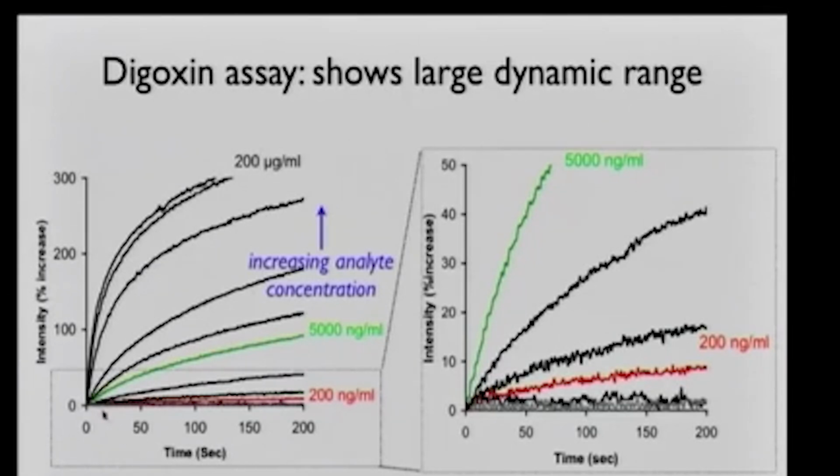Okay, so you can see that when the analyte, the anti-digoxin, is 200 micrograms per mil, you get the uppermost curve. As you decrease the analyte concentration, you get the lower and lower curves until down to 200 nanograms per mil. And here on the right-hand side, we blow it up so that you can see 200 nanograms per mil. Still pretty reasonable. I can still believe that's signal above noise in there.